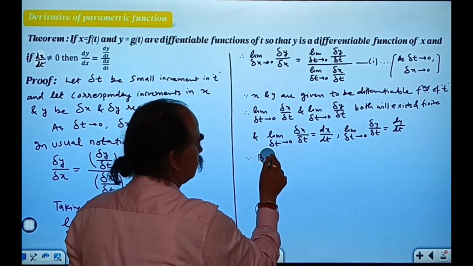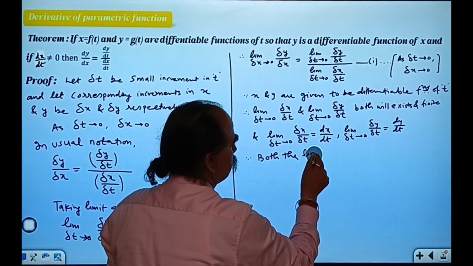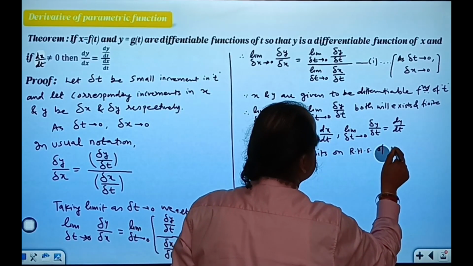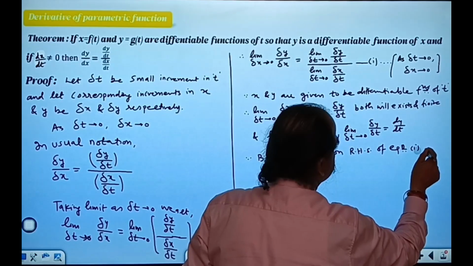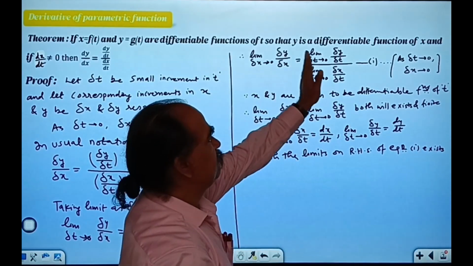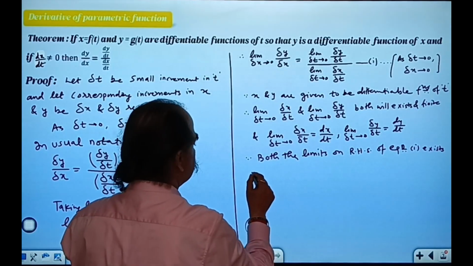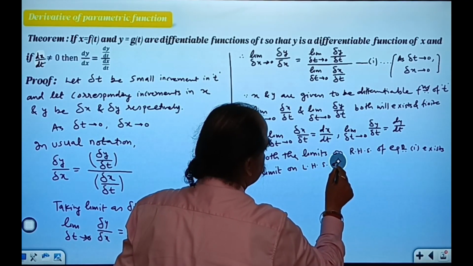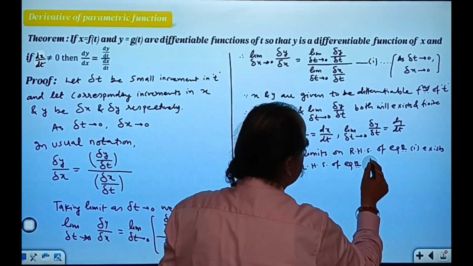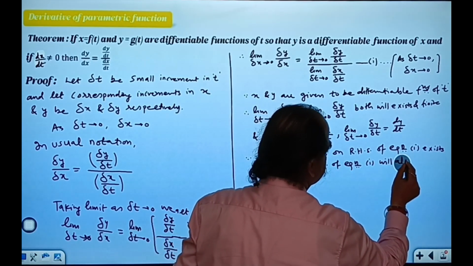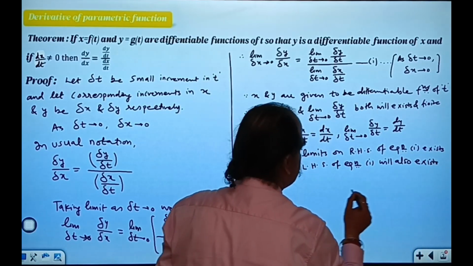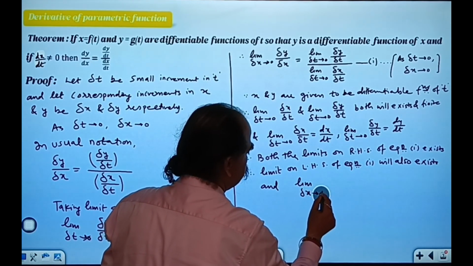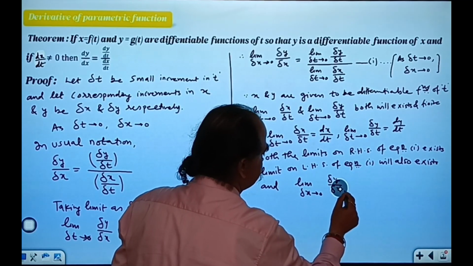Since both the limits on the right hand side of equation 1 exist, therefore the limit on the left hand side of equation 1 will also exist, and limit delta x tends to 0 of delta y by delta x is what?